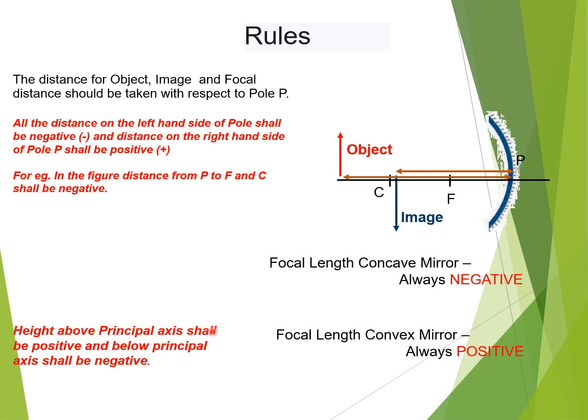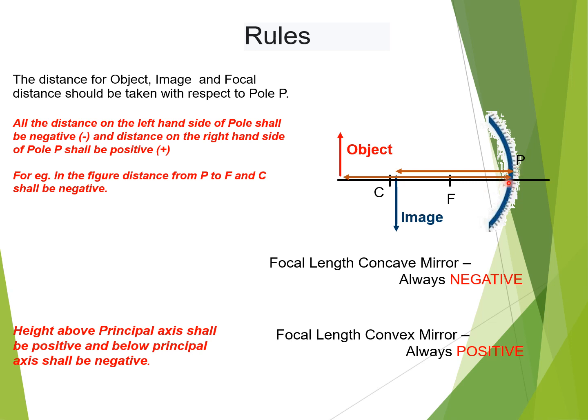And last is the height above the principal axis shall be positive. And wherever the image is formed on the lower side of the principal axis, that shall be taken negative. So all the height below the principal axis shall be negative.